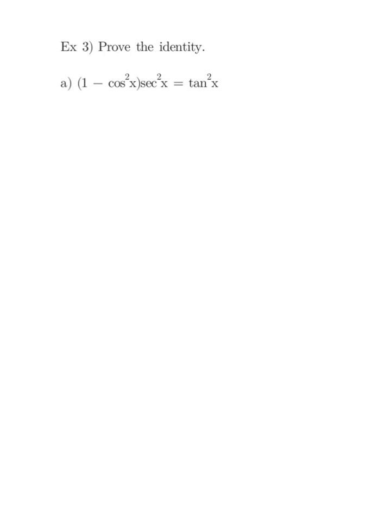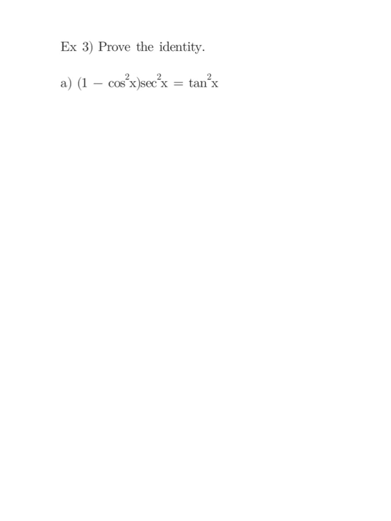On example 3, we are asked to prove the identity. On A, our identity that we are asked to prove is that the quantity of 1 minus cosine squared times secant squared equals tangent squared. When you are proving an identity, you are trying to show that you can make one side equal to the other side.